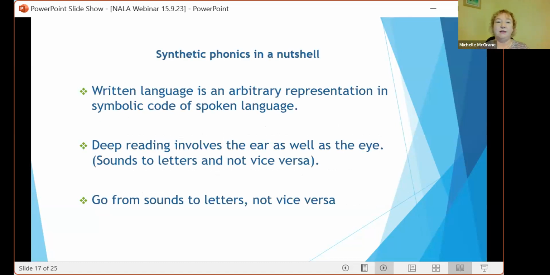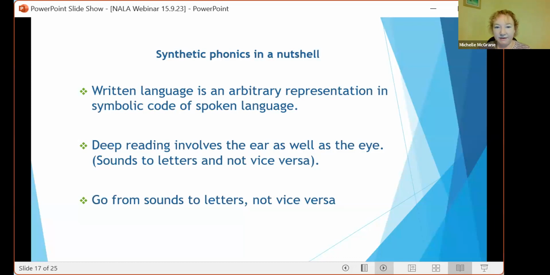All right. So here's synthetic phonics in a nutshell. Written language is an arbitrary representation in symbolic code of a spoken language. The word arbitrary is important here. Deep reading, and by deep reading, I mean the ability to decode words, including words that you've never seen before, including 2-syllable, 3-syllable complex words, involves the ear as well as the eye.